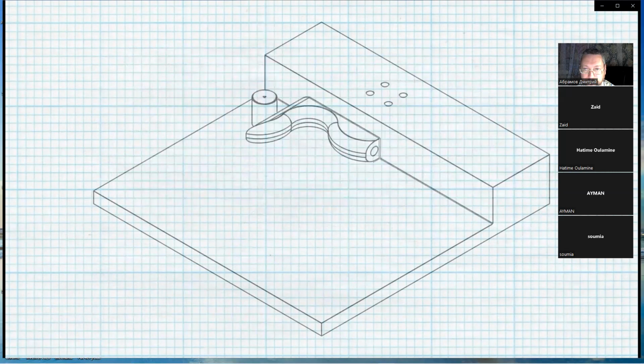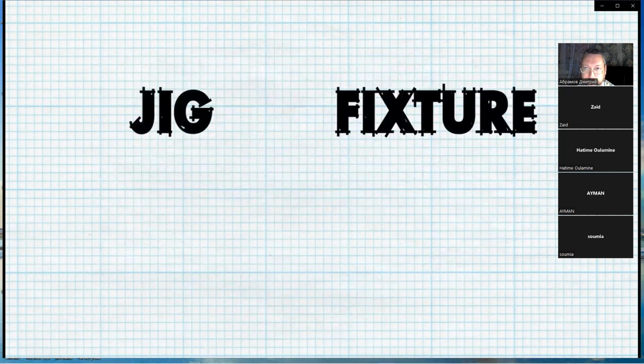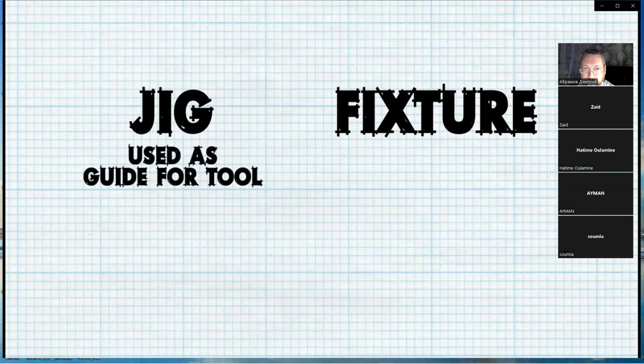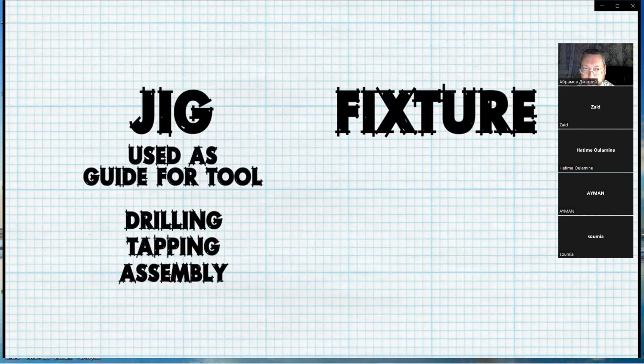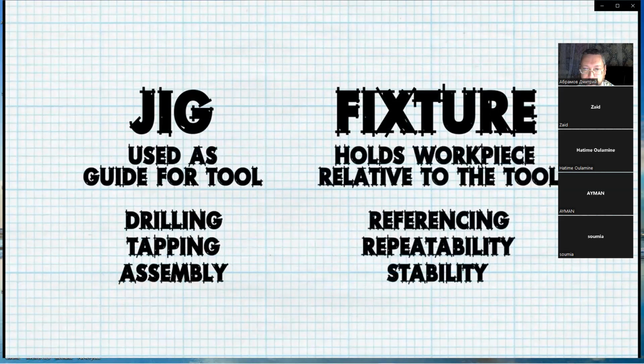The amount of restriction to each degree of freedom will dictate how repeatable or how flexible a particular work-holding unit can be. Typically, a work-holding unit is referred to as a jig or a fixture, depending on whether the assembly is being used to guide a tool or operation, like drilling, tapping, or assembly of dowel pins, or is simply holding the workpiece in place relative to the cutting tool or operation.